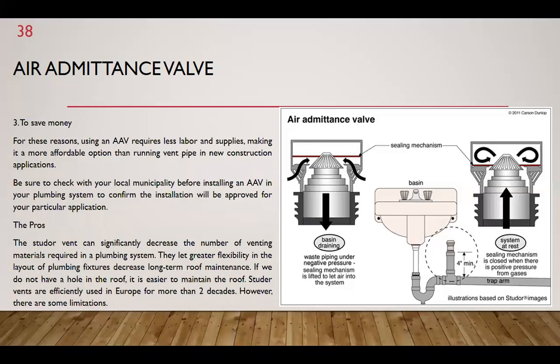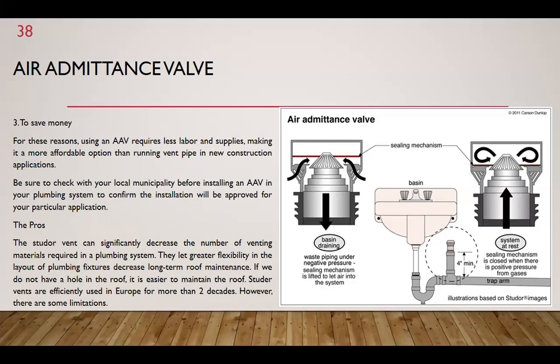Three, to save money. Using AAVs requires less labor and supplies, making it a more affordable option than running vent pipe in new construction applications. Be sure to check with your local municipality before installing an AAV in your plumbing system to confirm the installation will be approved for your particular application.